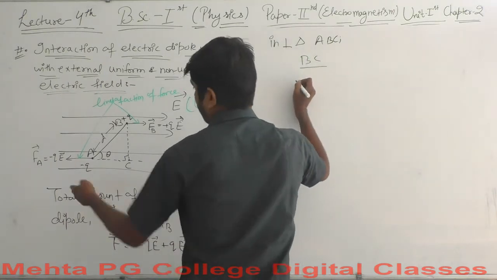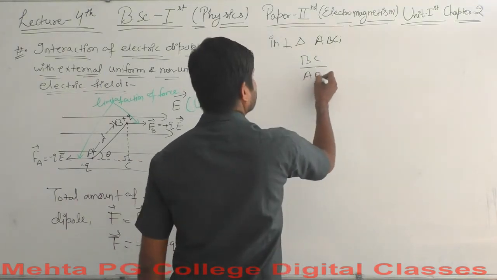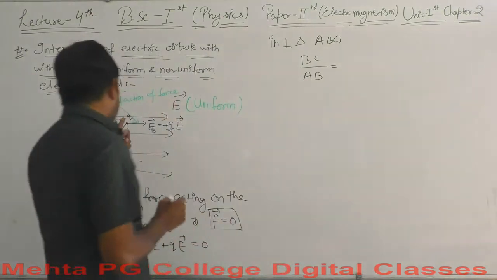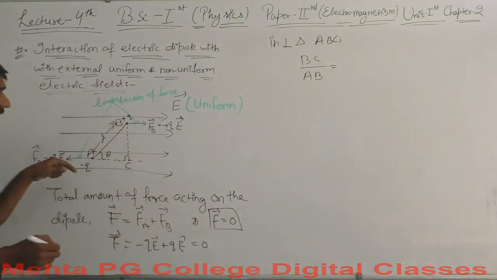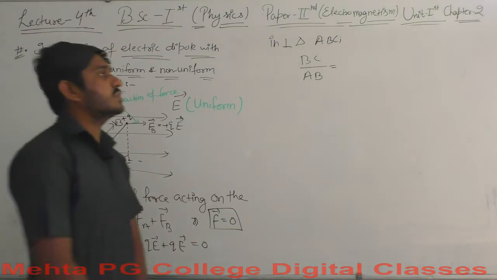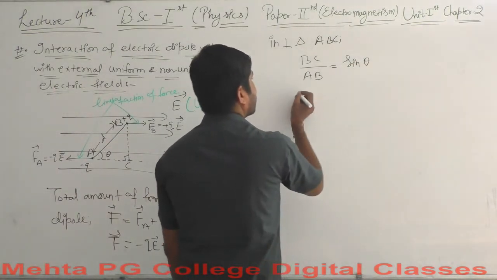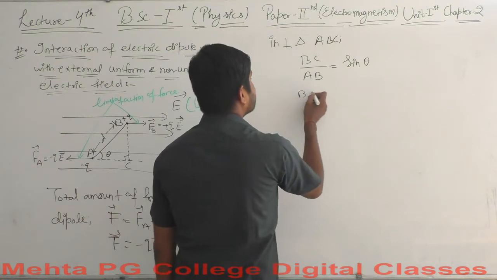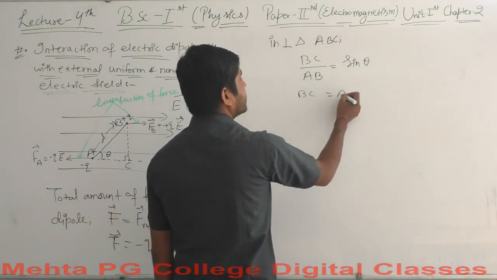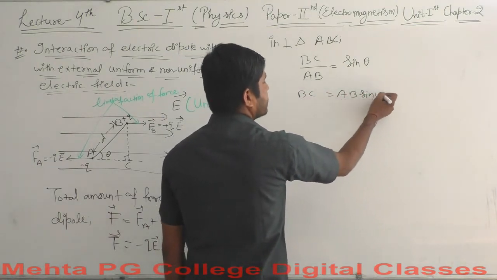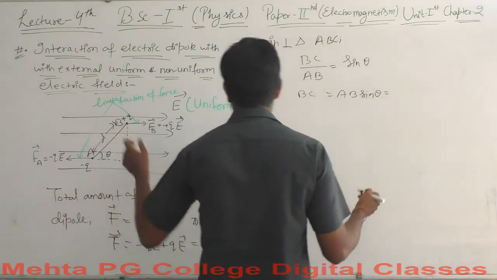This is the perpendicular and this is the hypotenuse. So perpendicular upon hypotenuse gives the sine of theta. BC is the same as AB sine theta, and AB is equal to d.